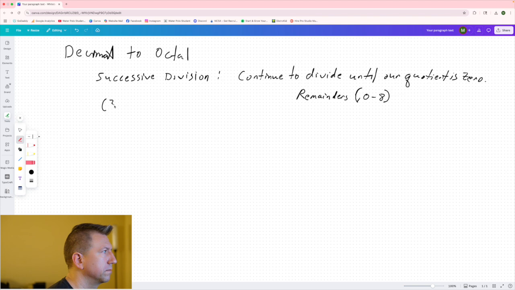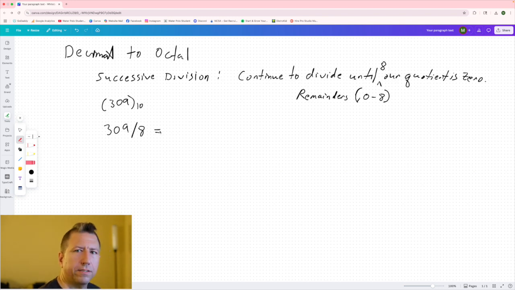Okay, so let's go ahead and do an example. Let's start with the number 309 in decimal and start our divisions. We have 309 divided by our base, 8. We're going to continue to divide by 8 here. So 309 divided by 8.